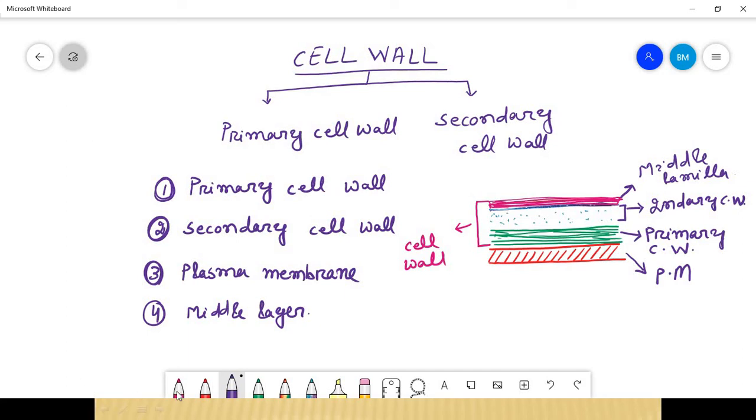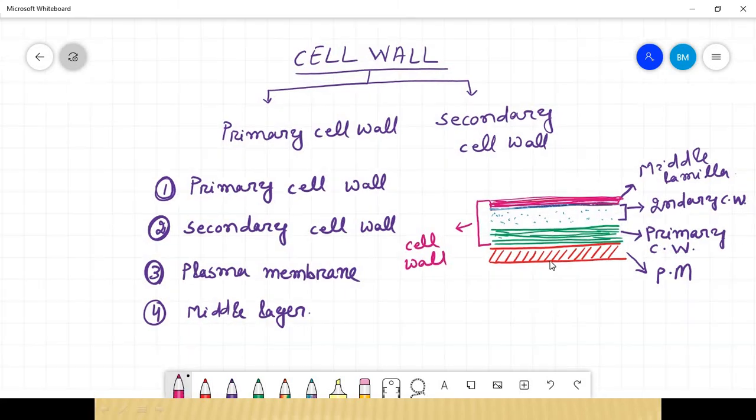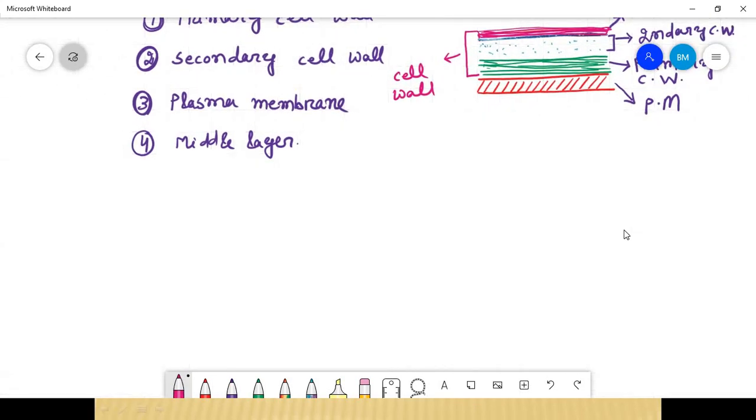And one thing. The middle layer, one second. This is not the middle layer, I'm sorry, this is the middle lamella.